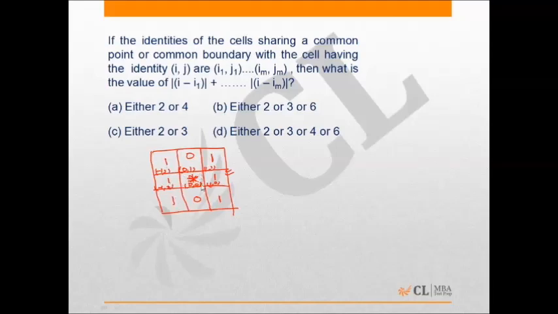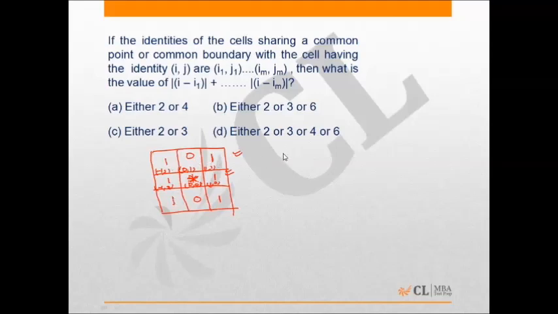So with reference to the centralmost cell, the value of mod of i minus i1, or i minus i2, or i minus i3 and so forth will be either 0 or 1, right? Now there are various possible cases. Suppose the centralmost cell is like this. Then we'll have 8 cells which are adjacent to it.